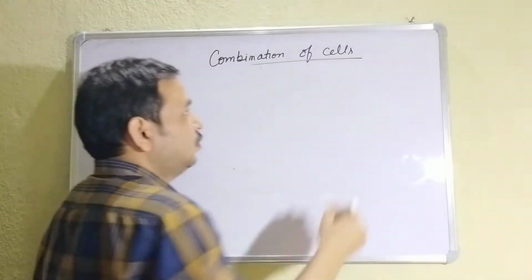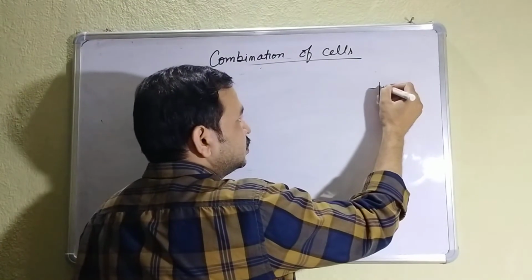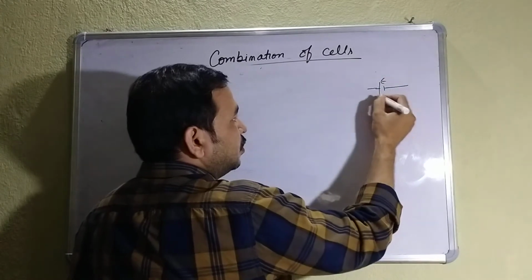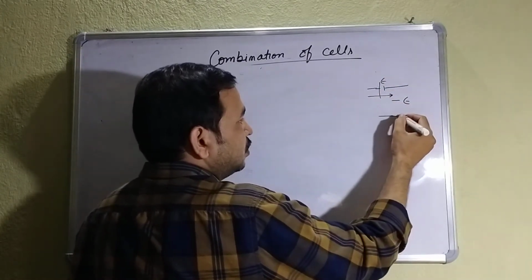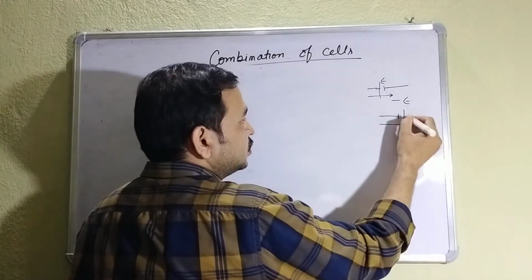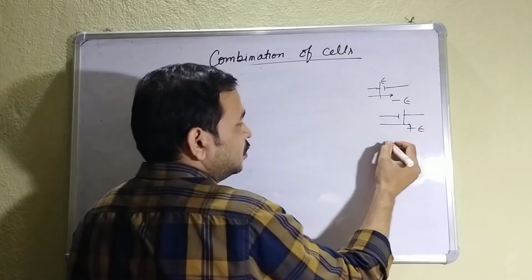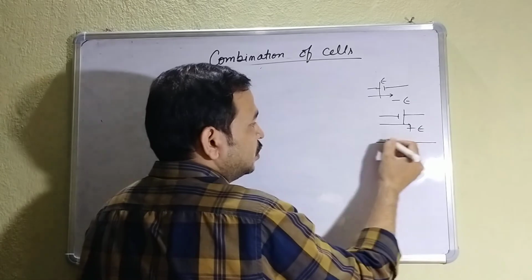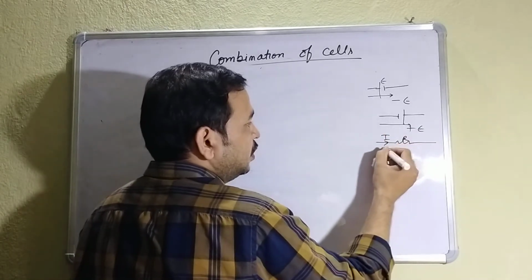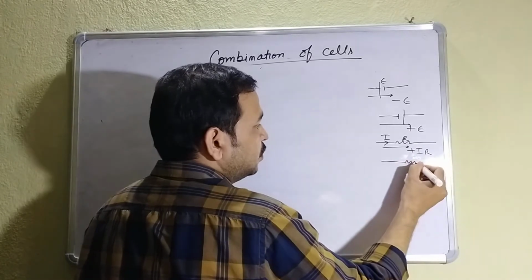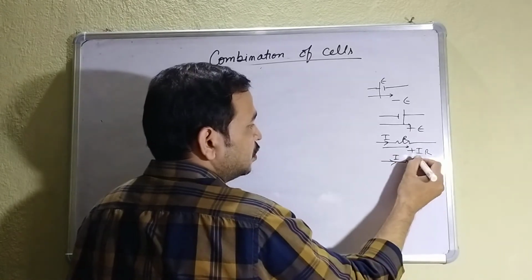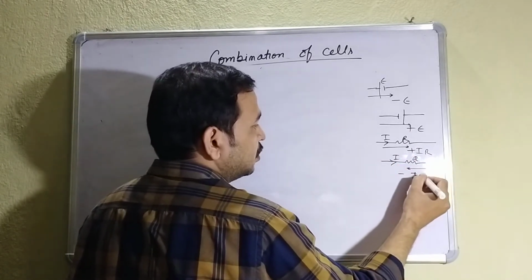We must write the rule that from plus to minus we have taken in this way minus EMF, and from minus to plus, plus EMF, and then for the product IR, in the direction of current plus IR, and opposite to the current minus IR.